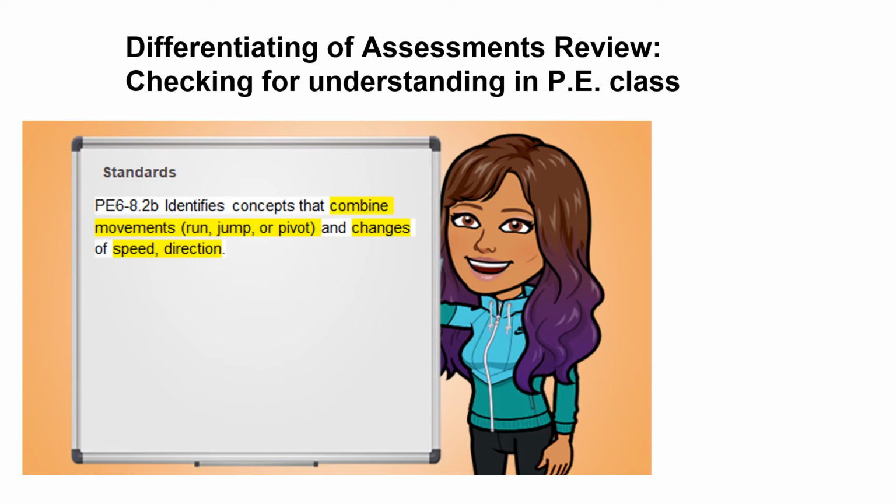During the particular activity, my students understood that they should be able to identify concepts that combine movements that are highlighted for them, which include running, jumping, pivoting, and changing speed and direction. After learning the criteria of the assessment highlighted for them, students learn the concepts during instruction.